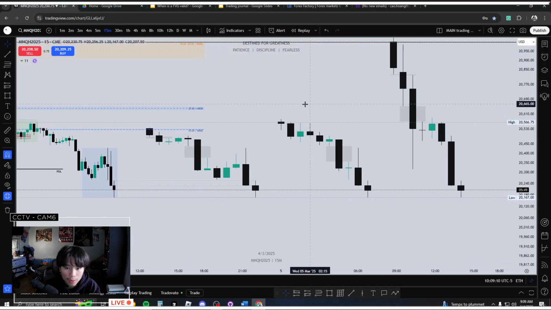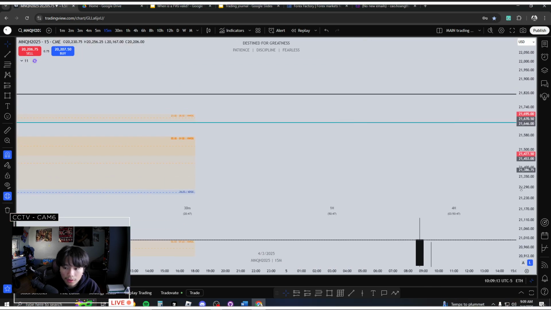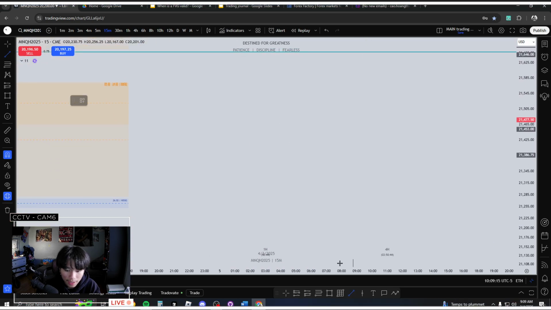This is how a fair value gap is created. So there's the initial candle. And let's just say that this is bullish conditions.